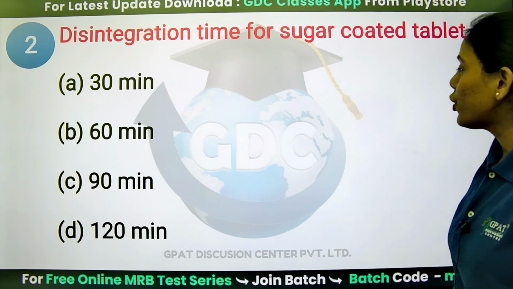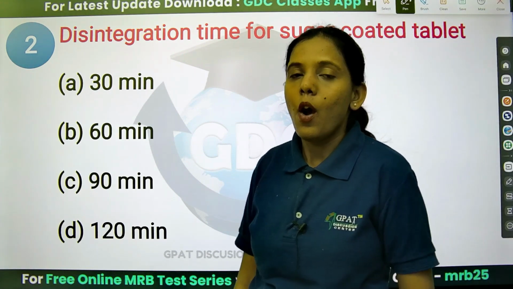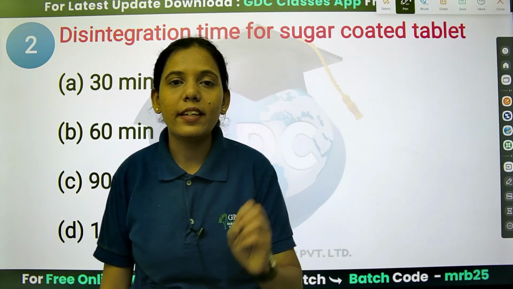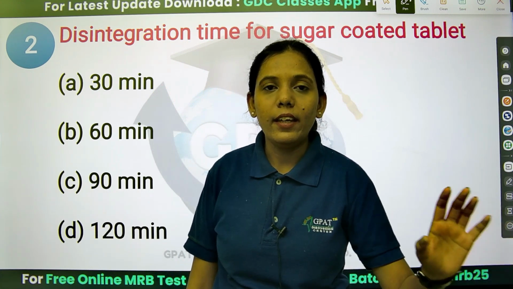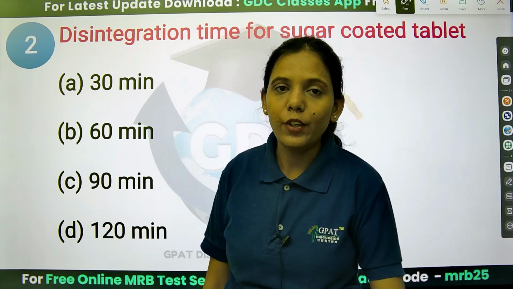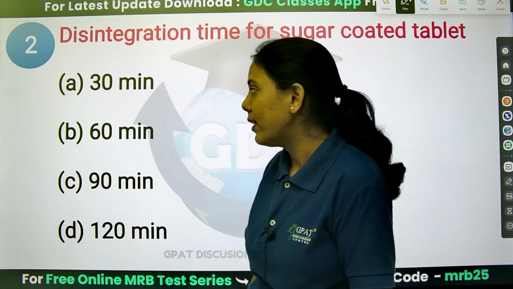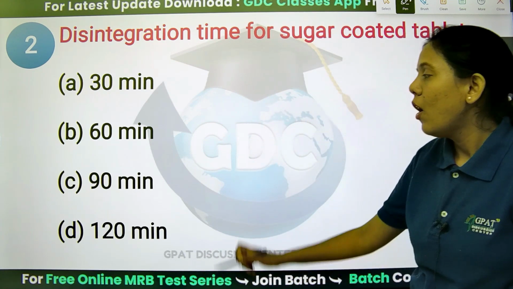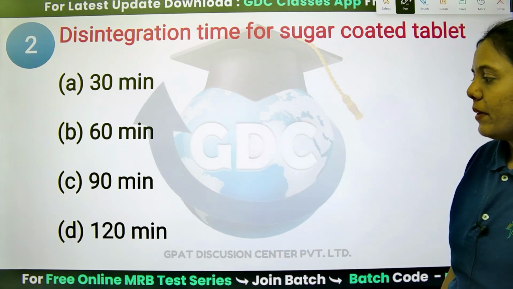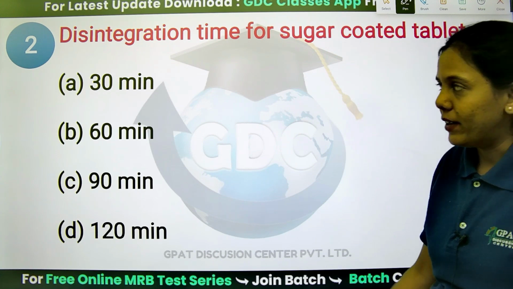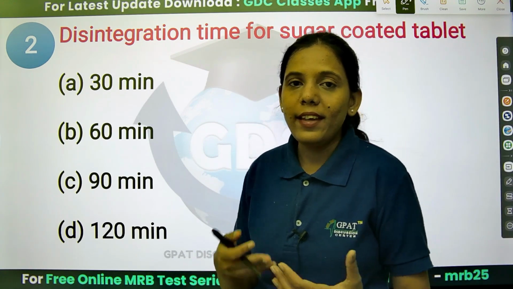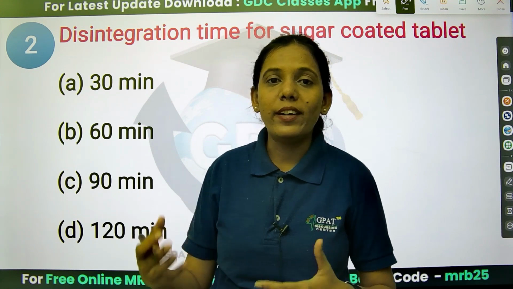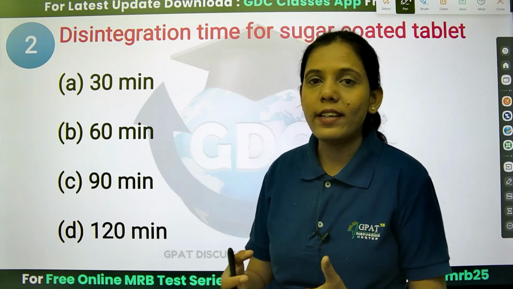Disintegration time for sugar coated tablet is. What is the disintegration time? Disintegration means when the tablet will completely disintegrate or convert into individual particles, we call it disintegration. Option A is 30 minutes, 60 minutes, 90 minutes and 120 minutes. Okay. So basically for sugar coating, because sugar coating increases the weight of the tablet, it takes a certain amount of time to disintegrate.